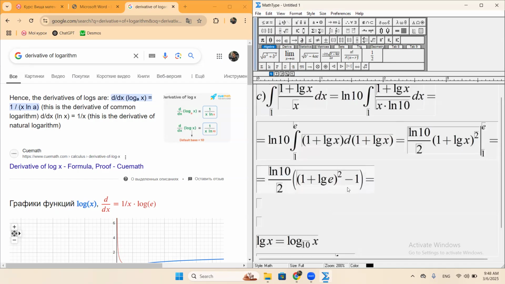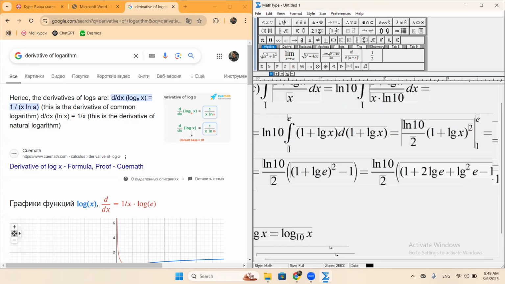So let's expand the brackets: 1 plus 2 logarithm of e plus the square of the logarithm of e. So we have this expression. Of course, we can expand brackets or factorize it, but anyway, this is the final answer. Any questions about this exercise?